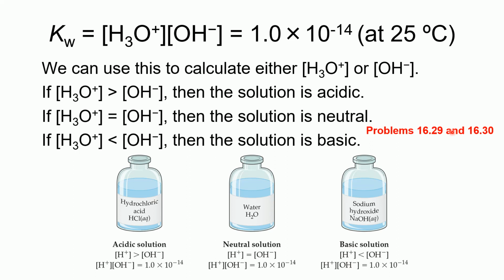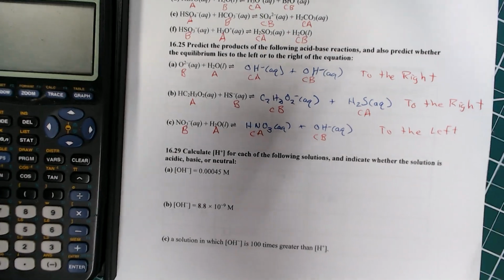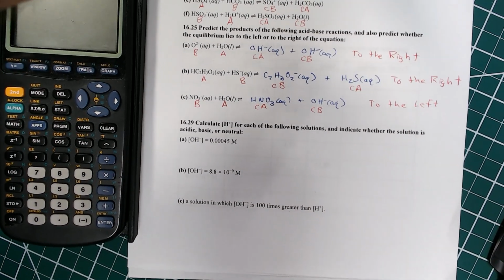So we're going to look at numbers 29 and 30, and we'll need the calculator on this, so make sure you get your calculator out. So number 29 and 30, let me move over there. I'm going to have to adjust my camera again.